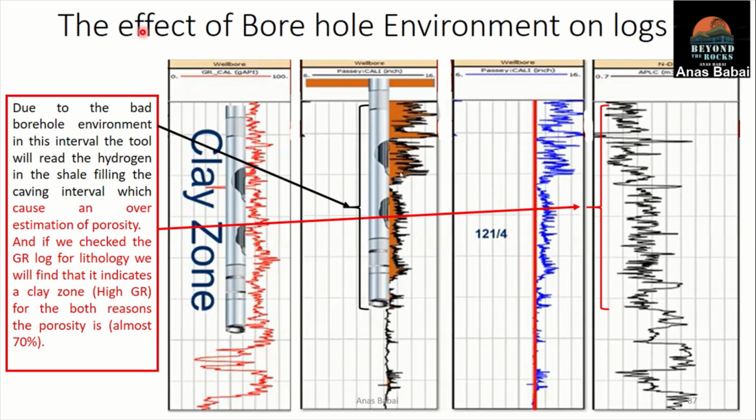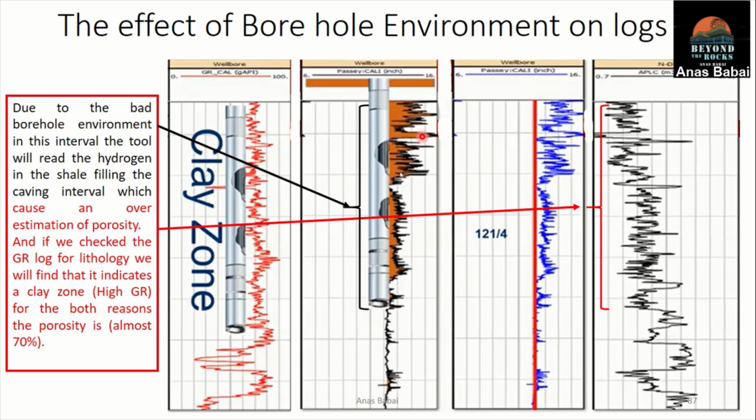and as we know the density neutron tool is sensitive to hydrogen content, and those shales have very high hydrogen in them, because they contain bound water. So when we come to the reading of porosity, we will find that there is an overestimation of porosity in a specific interval.